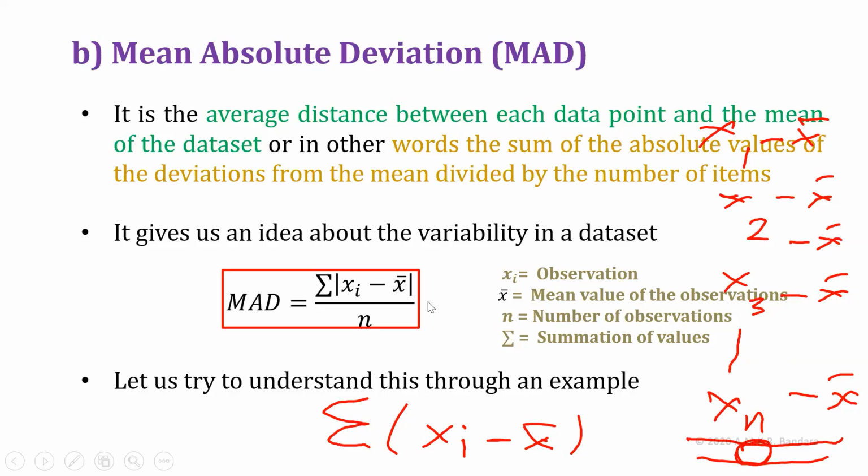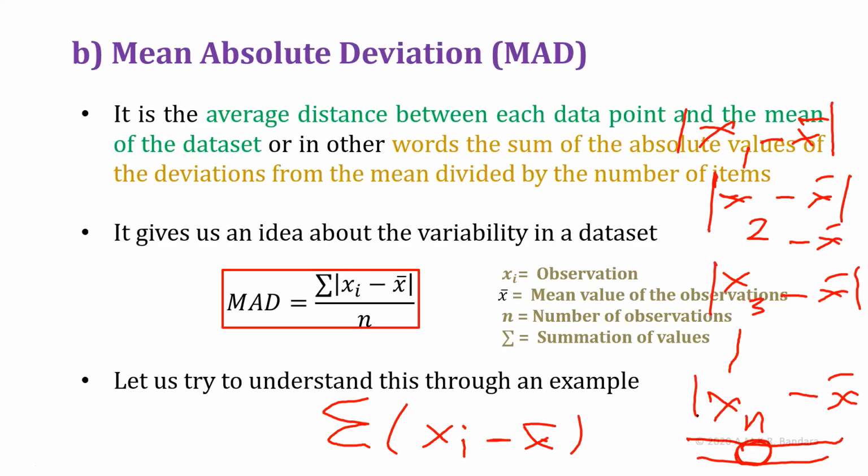So that value, the value ignoring the sign, we call the absolute value, denoted using two vertical lines. So the absolute value of this deviation I can denote like that. Here also same.